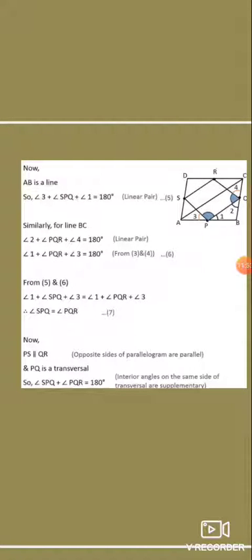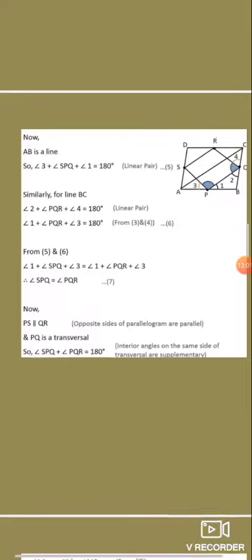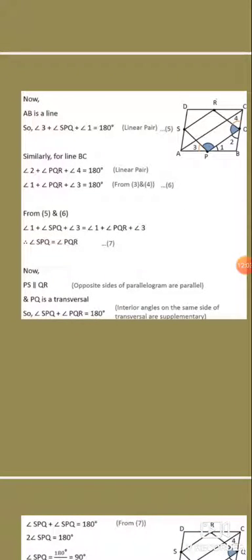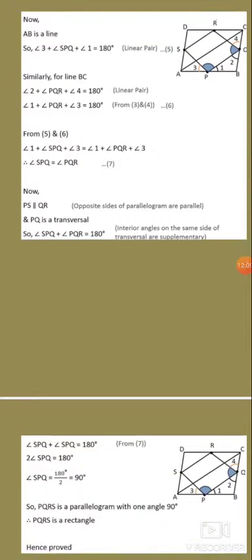Now PS is parallel to QR, since opposite sides of the parallelogram are parallel, and PQ is the transversal. So angle SPQ plus angle PQR is 180 degrees. Reason: interior angles on the same side of the transversal are supplementary. Angle SPQ is the same as angle PQR in equation number 7.